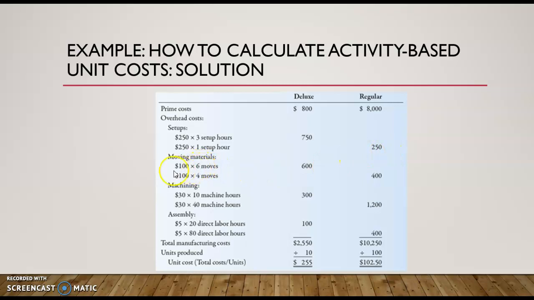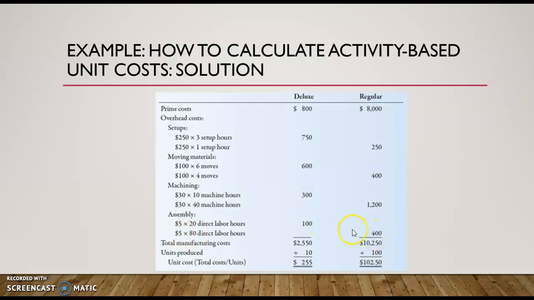And moving, 6 moves times 100 for deluxe, 4 moves times 100 for regular. Machining has 10 machine hours for deluxe times 30 is 300. For the regular, we have 40 machine hours times 30 is 1200. For assembly, we have 20 direct labor hours times $5 per direct labor hour for deluxe, and 80 times 5 is 400 for regular.